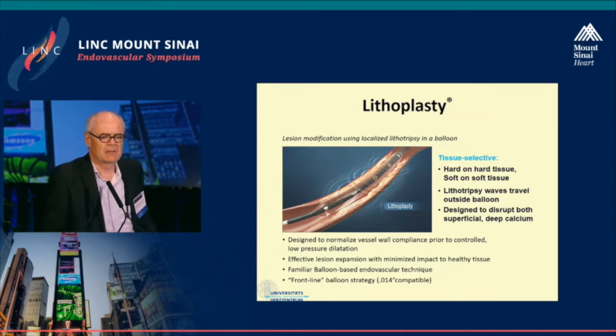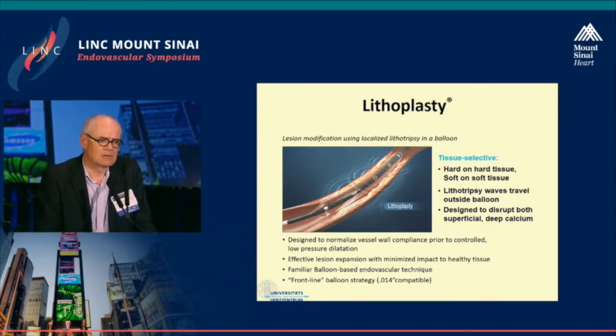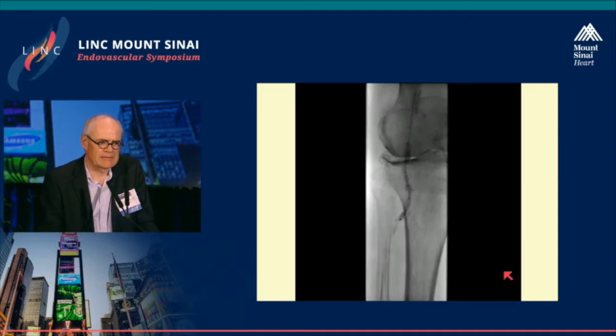We are running an international study comparing the combination of lithoplasty with DCB against DCB as a standalone therapy in calcified lesions. The treatment is considered to fracture hard calcium in order to facilitate balloon angioplasty and to reduce recoil later on.